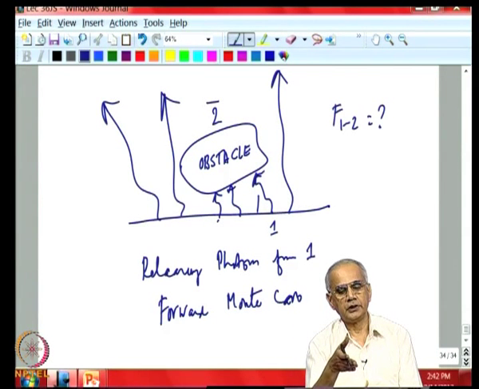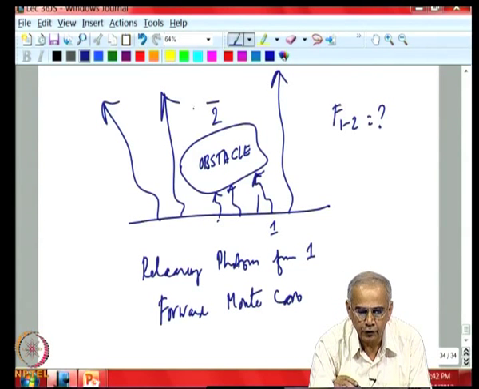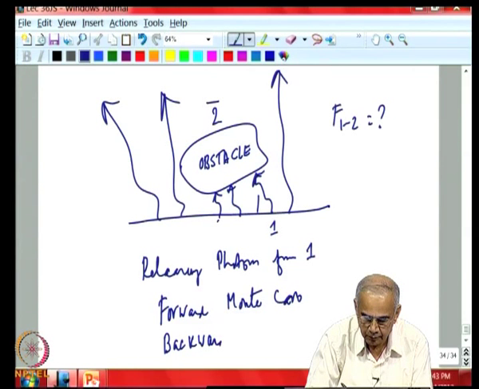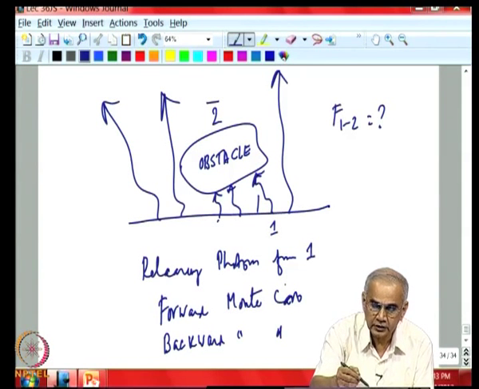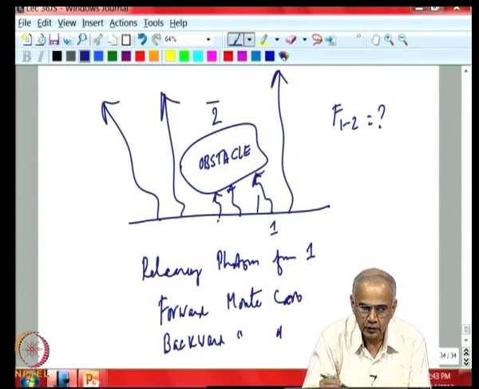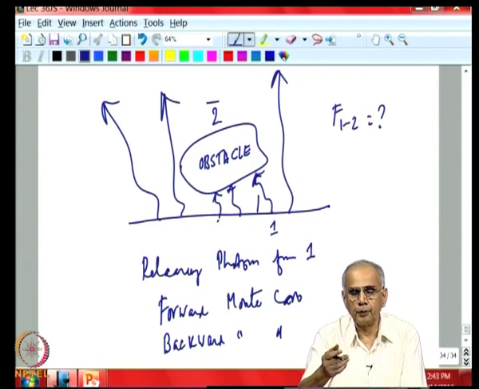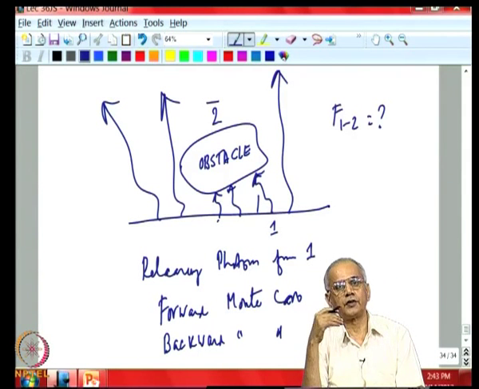Here, since our interest is in finding out how many photons reach surface 2, it is more efficient to use a backward Monte Carlo. You trace the photon backward from the place where you want to know how many photons have arrived. So, from surface 2 you trace the photon backwards and ask where it came from.